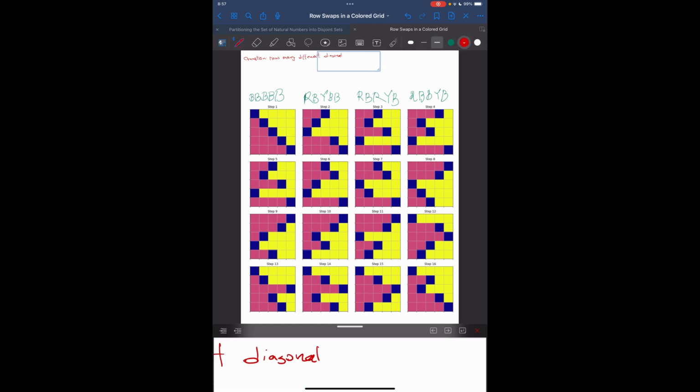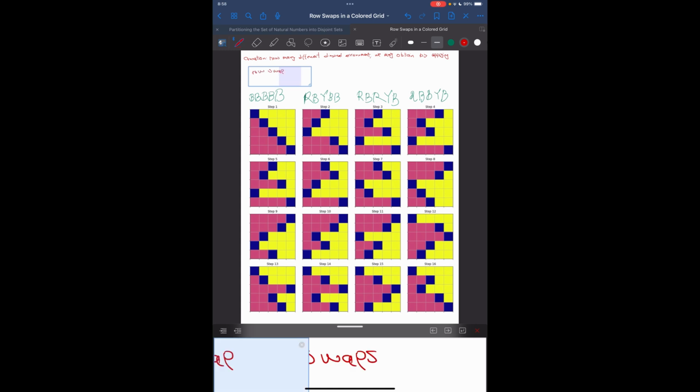Arrangement may be a better word here. How many different diagonal arrangements may we obtain by applying row swaps?